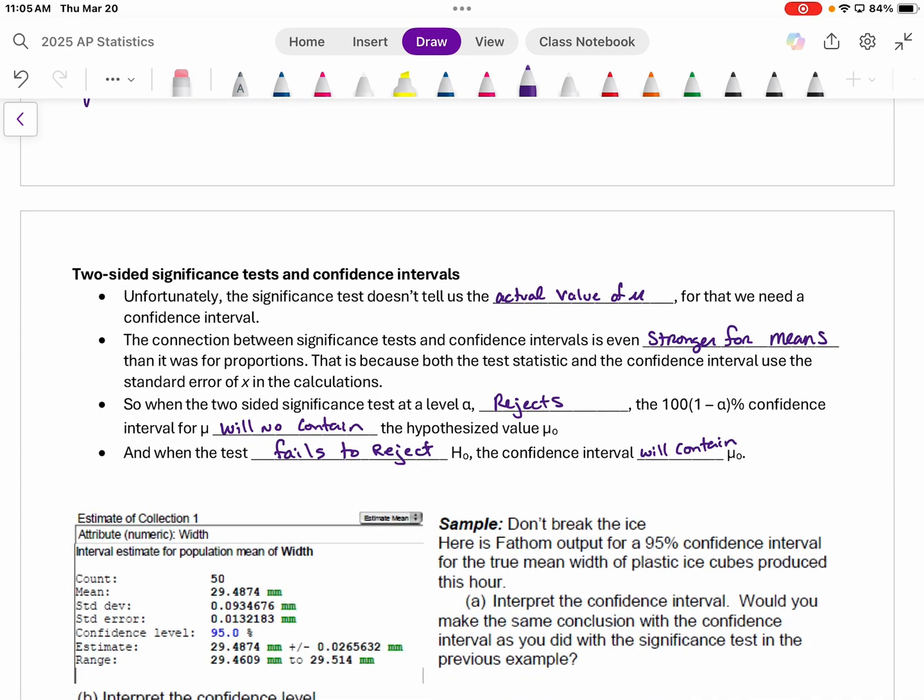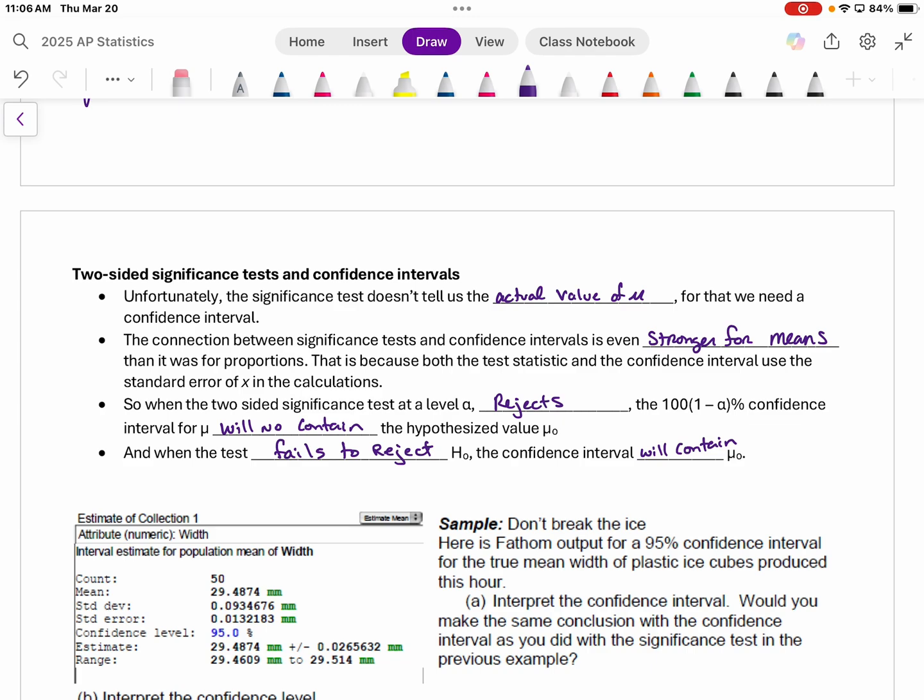All right, two significance tests as we try to get through this part real quick. Unfortunately, the significance test doesn't tell us the actual value of mu. For that, we need the confidence interval. The connection between significance tests and confidence intervals is even stronger for means than it was for proportions, because both the test statistic and the confidence interval use the standard error of x-bar in the calculations.